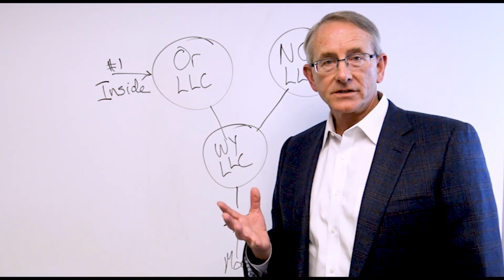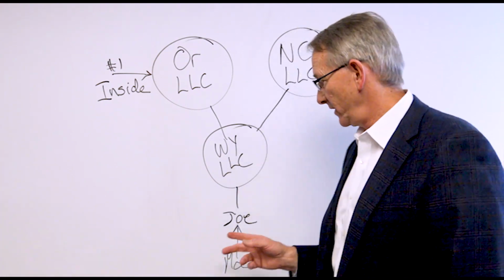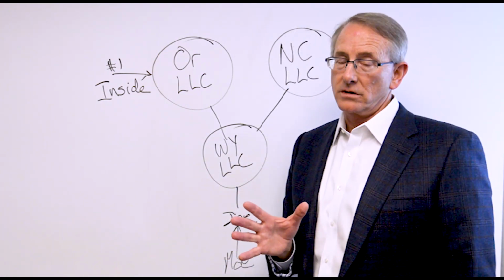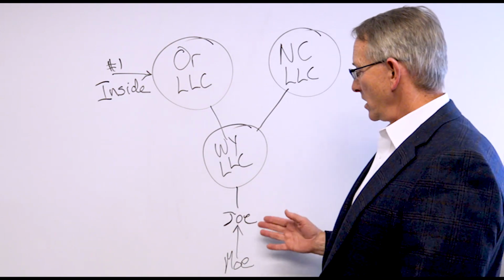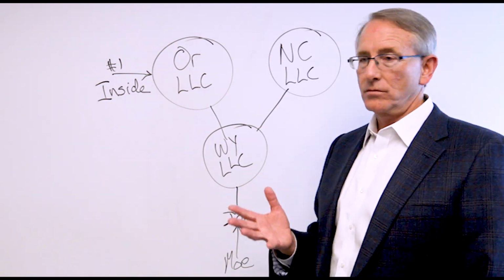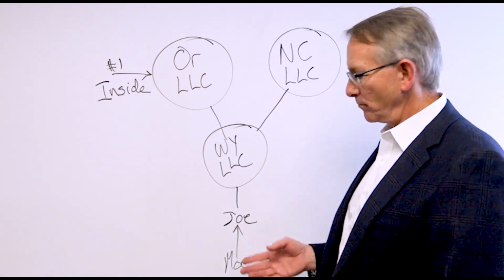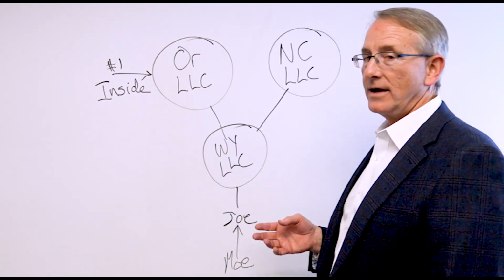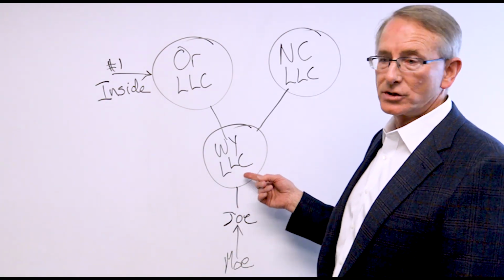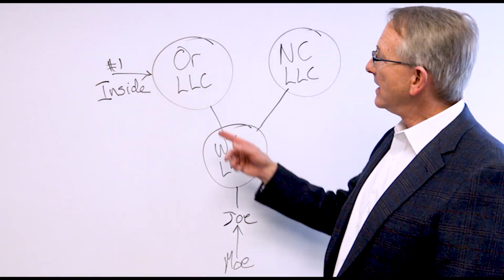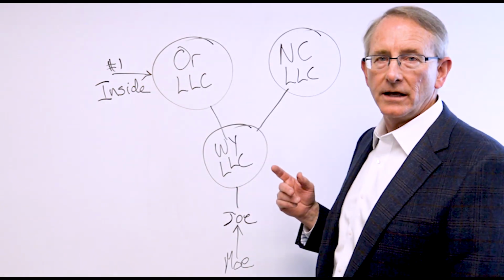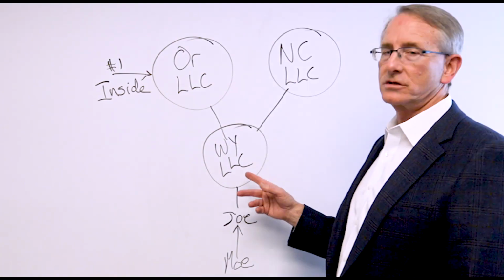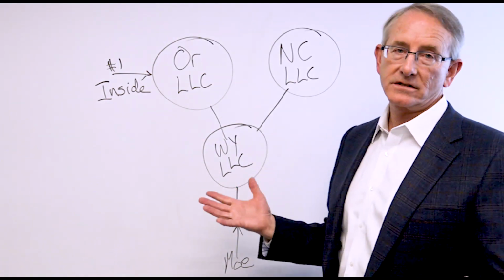The Wyoming LLC says even a single member, even if Joe is 100% owner, Mo can only get the charging order from Joe. If Wyoming makes no distributions, Mo gets nothing. If Oregon and North Carolina make no distributions to Wyoming, Mo gets nothing.